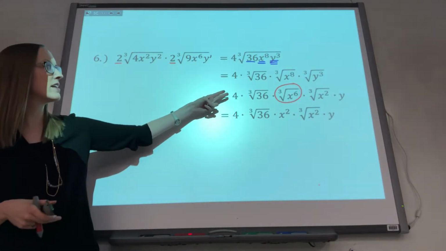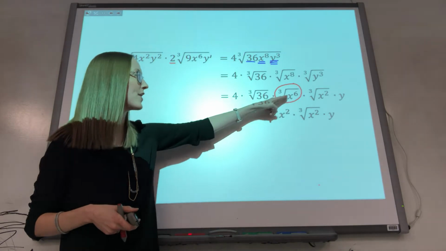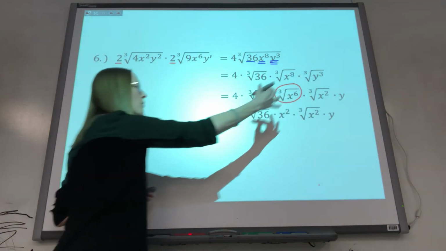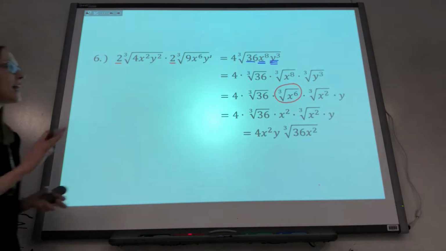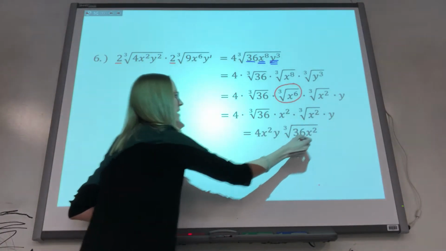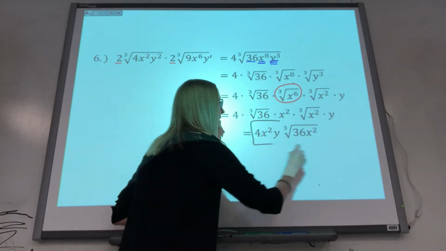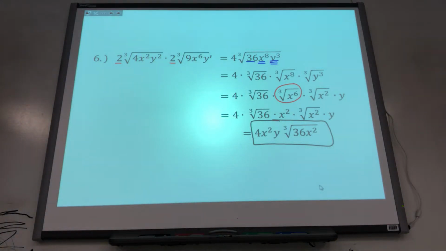So the only thing I did from here to here was fix up that part. Now, whatever is not under a cube root, that stuff can go out front. Then I have the 36x squared underneath. The answer is pretty messy on this one, but that would be it for number 6.